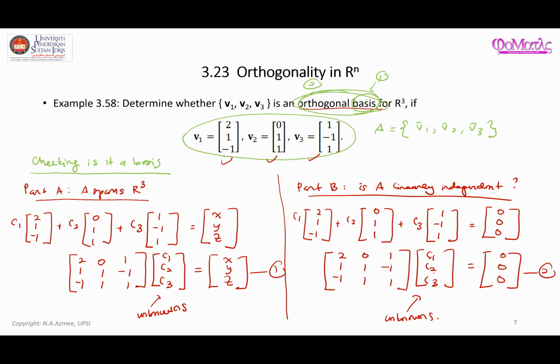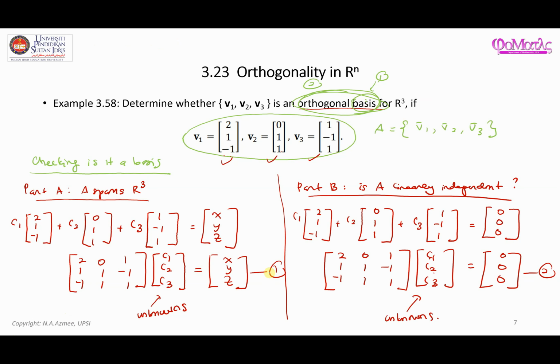Let's focus on showing this part first, that A spans R3. Based on equation 1 from part A, we can consider the augmented matrix.